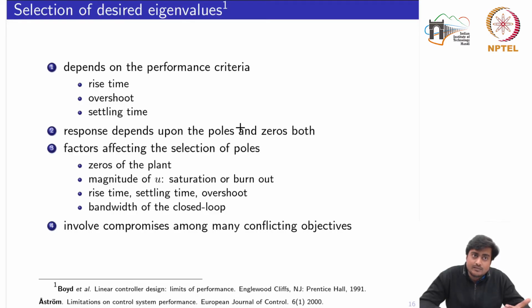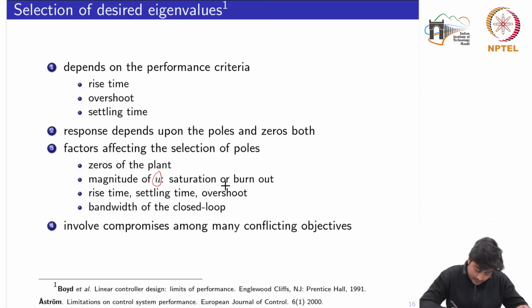Depending on the actuator limits, we need to put some constraints on the signal U. It might happen that you have designed a controller in such a way that the control signal always leads to saturation, or to the maximum value the actuator is capable of. We need to take care of that because this is not a desired scenario.